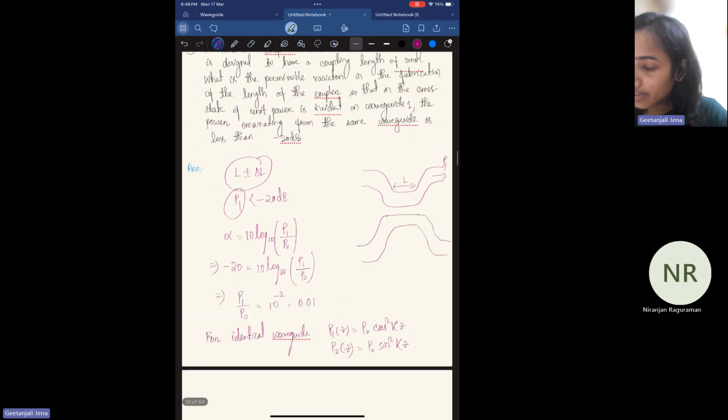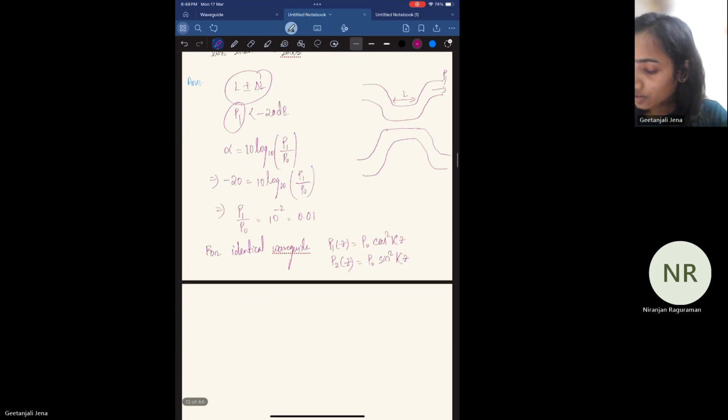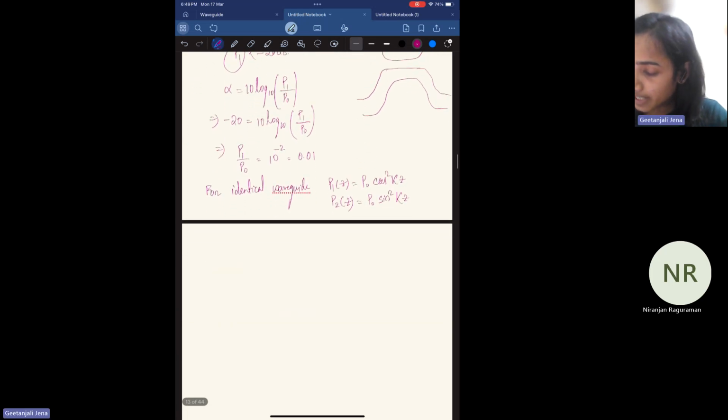P0 is already given: unit power is incident on waveguide 1, so P0 is 1. That means P1(z) equals cos square kappa z, and P2(z) is sin square kappa z.